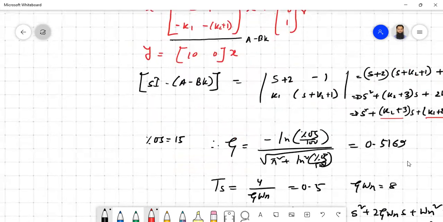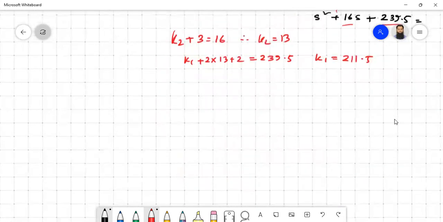That is, we always want to go for the system designing in the phase variable form. So whatever the system is given, say in alternative forms, what we do is we change it to phase variable form.